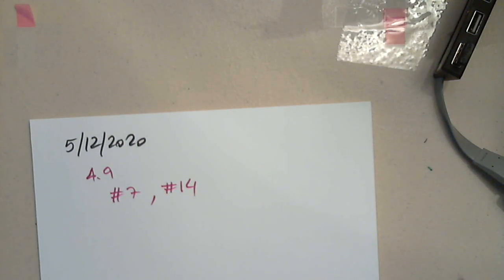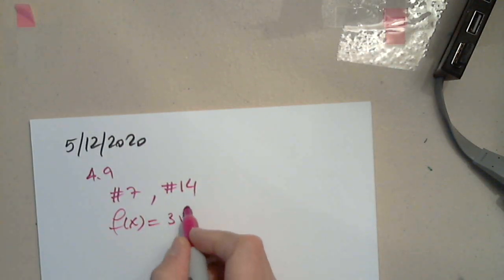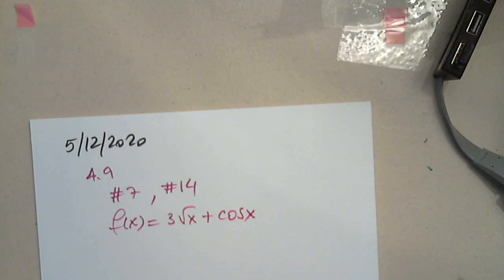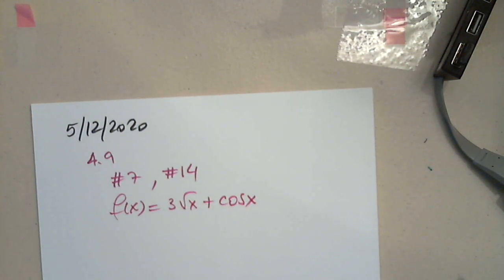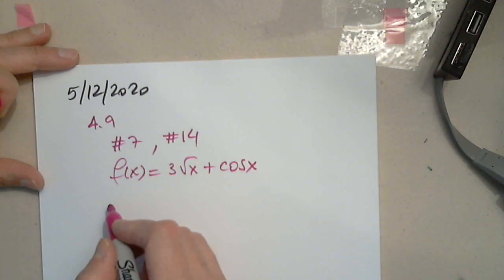If you want me to solve this, I'll solve this. So it's f of x equals 3 root x plus cosine x. So 3 like this? Yep. Okay. And what are we doing with this? Finding capital F of x. Okay, which means the most general antiderivative.